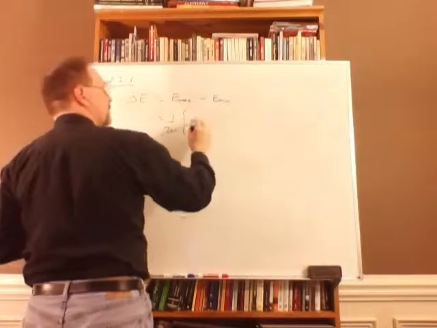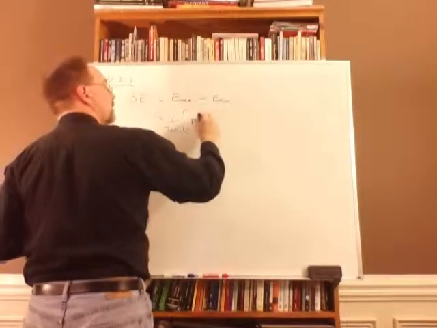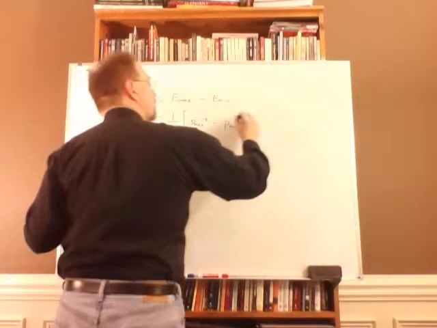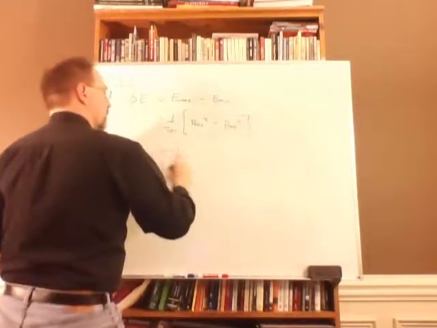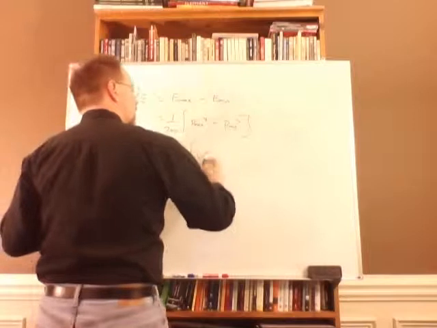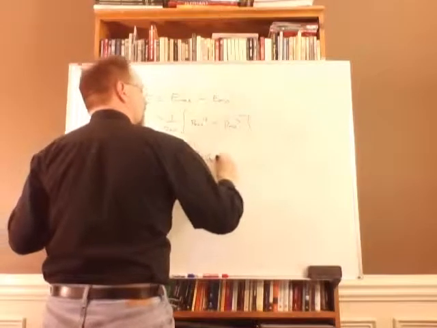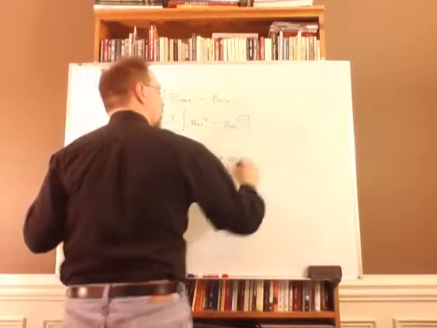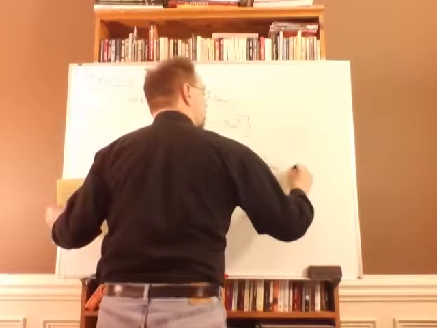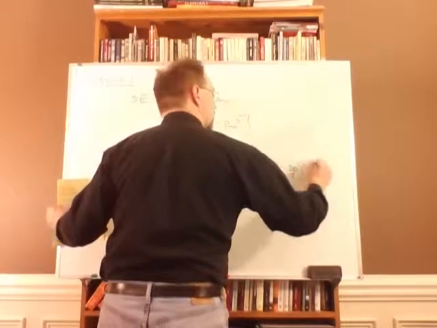So it's 1 over 2m times P max squared minus P min squared. This is 1 over 2m times P nom plus delta P over 2 quantity squared minus P nom minus delta P over 2 quantity squared.